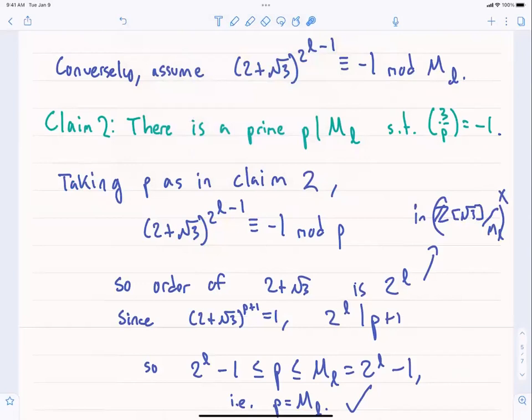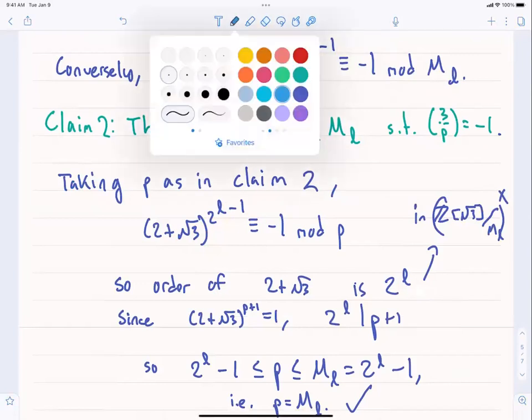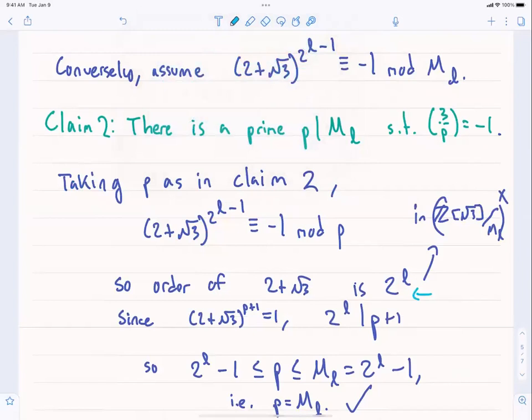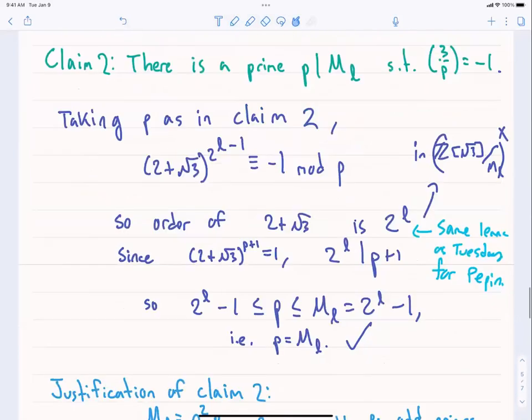This is again just using the lemma we talked about last time in Pepin's test. But then we argue just like we did in Pepin's test.